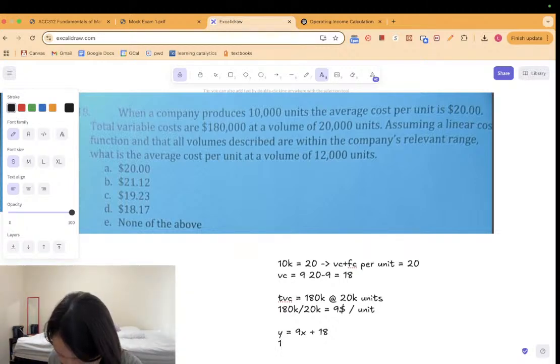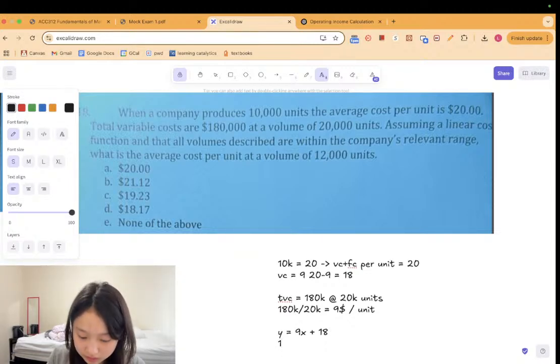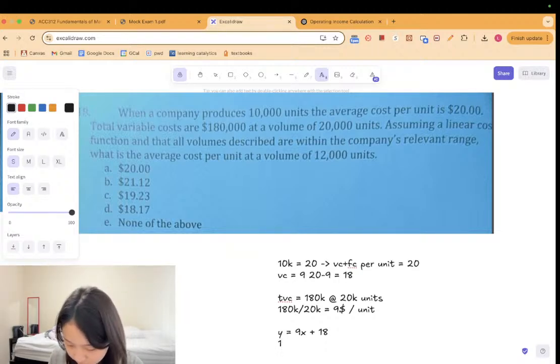And variable cost will always stay constant. So 20 times 10,000, right? Is equal to your 200K, which is equal to 10,000 times 9 plus whatever it is, so 90,000 plus 110,000 in fixed costs.